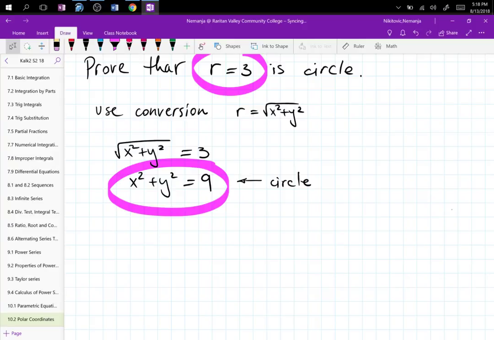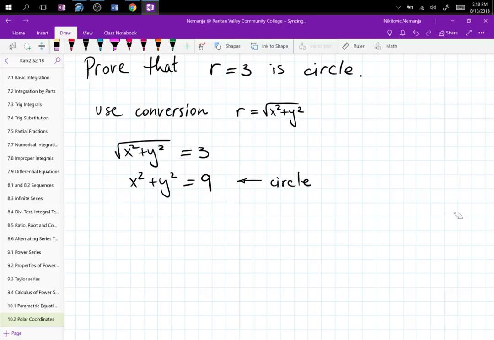So we just showed that r equals 3 is a circle. And we did that by conversion. Now, if polar coordinates are better, why don't we just use the polar coordinates all the time?